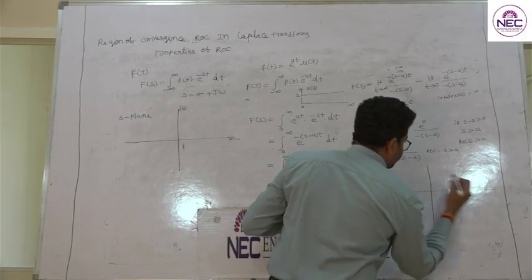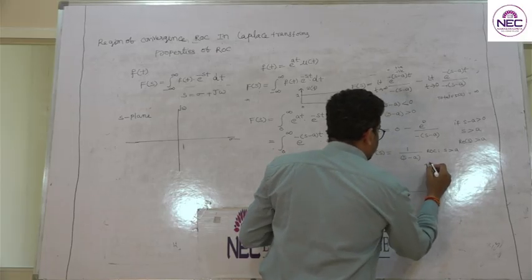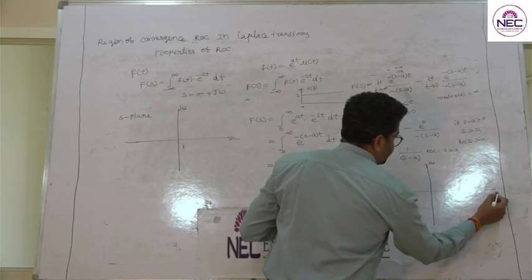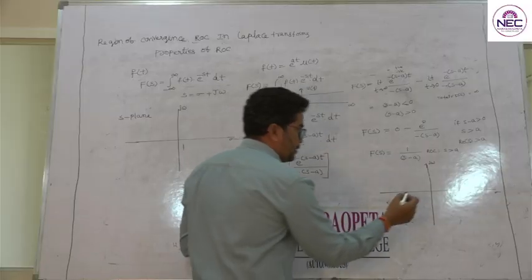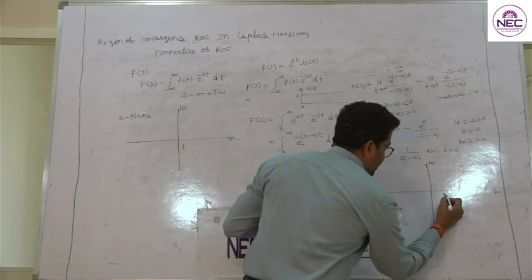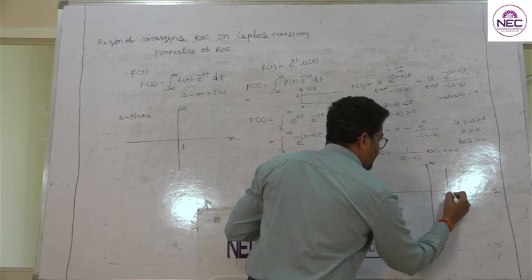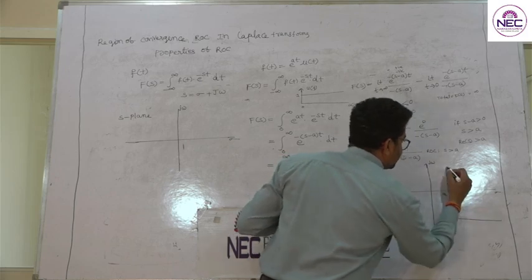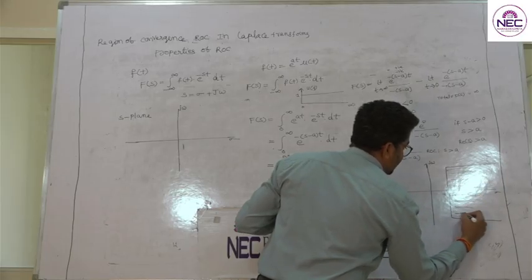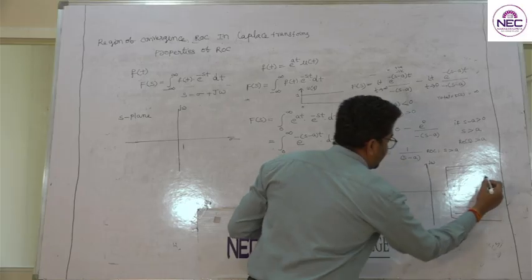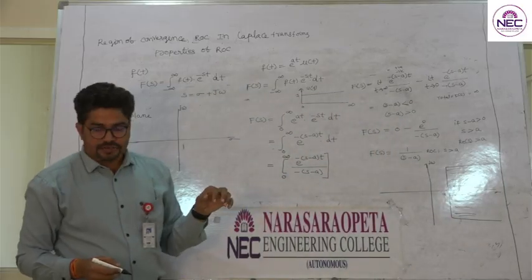On the s plane with j omega and sigma axes, mark the value a; the ROC is s greater than a. The ROC is the region at which the Laplace transform exists or converges.